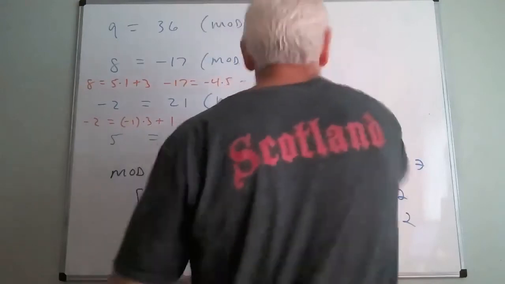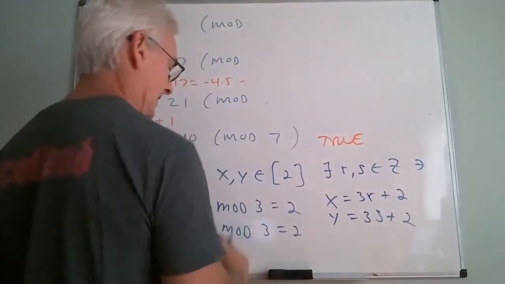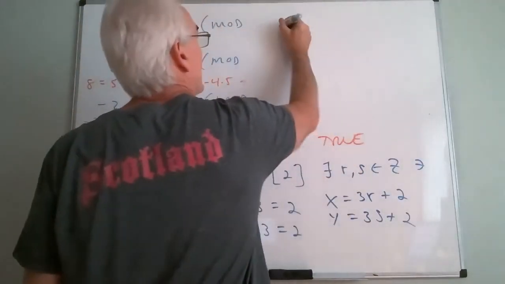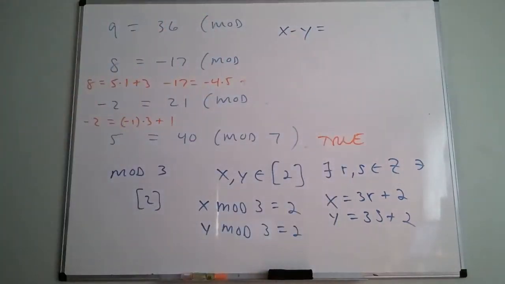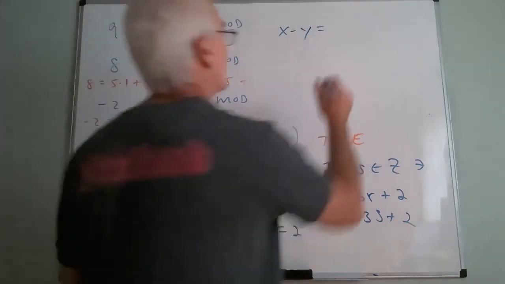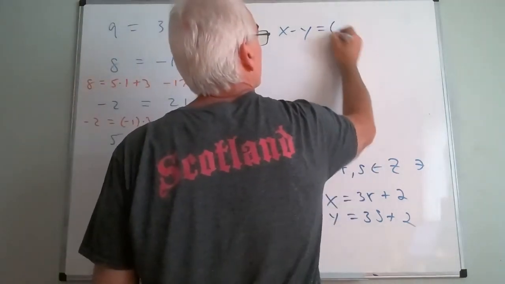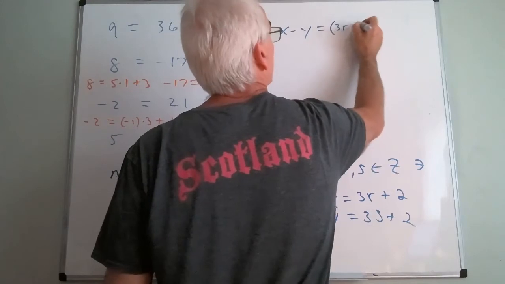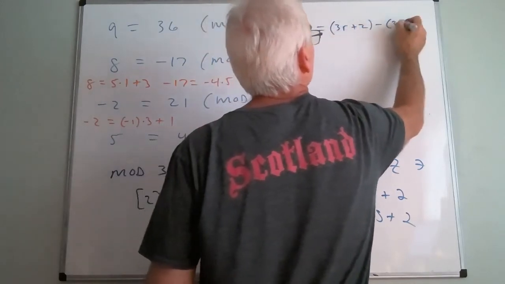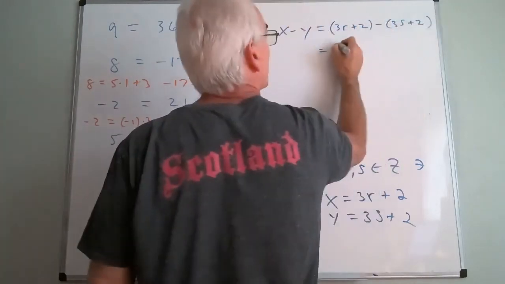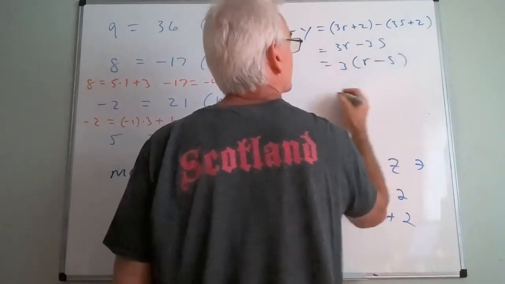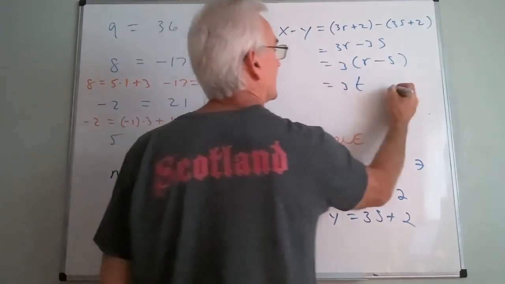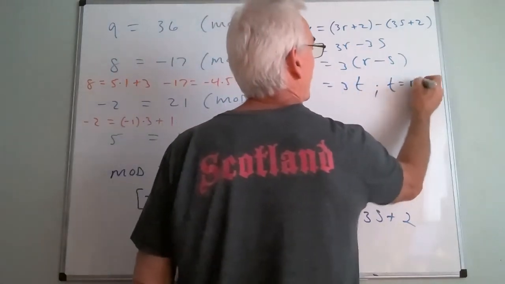Therefore, tell me about X minus Y, it doesn't matter what order I subtract. What is X minus Y? 3R plus 2 minus 3S plus 2. Won't that be 3R minus 3S, or 3 times R minus S, or 3 times T if I let T equal R minus S?